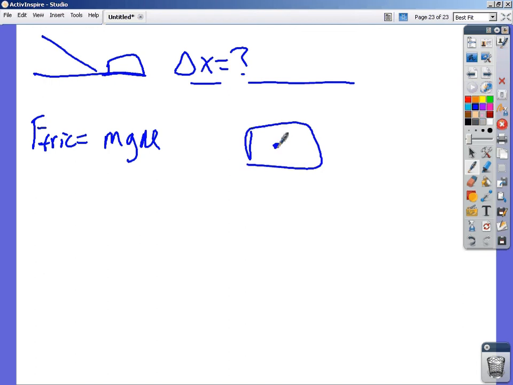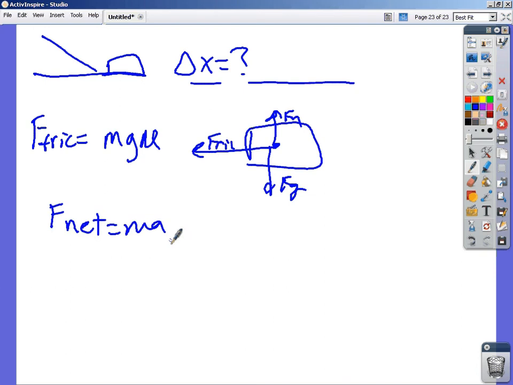So we can say that in F net equals ma, our net force is the friction force. Okay, so we can say mg mu is equal to ma. You can see that a lot of times your masses cancel out when you're dealing with friction, which is weird, but it does. And from here you can solve for the acceleration of your block.